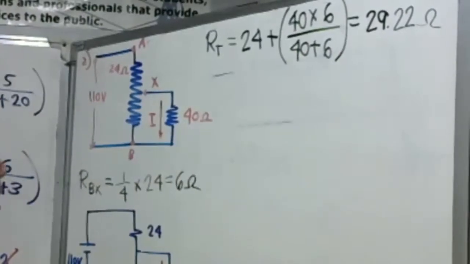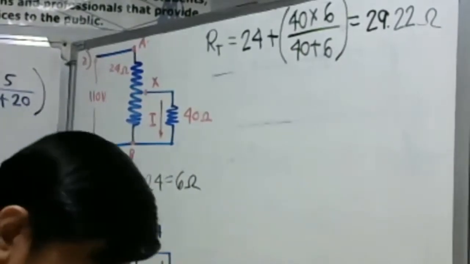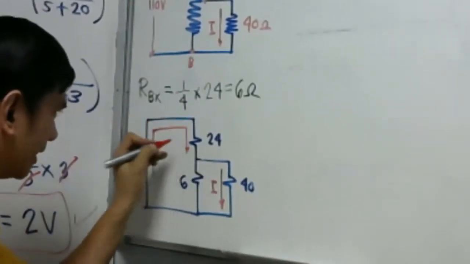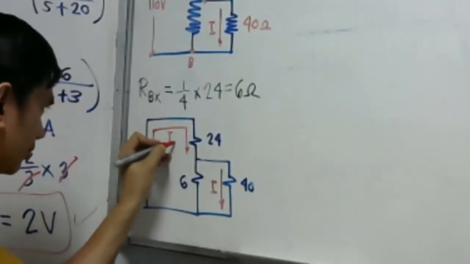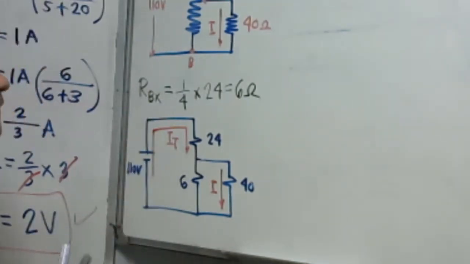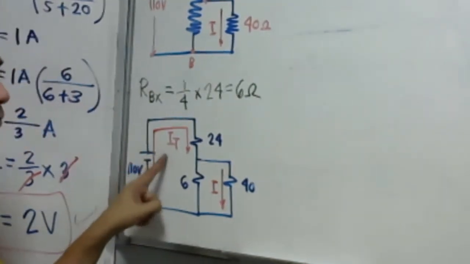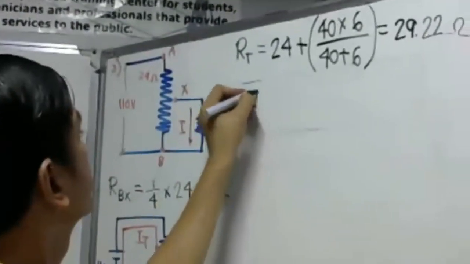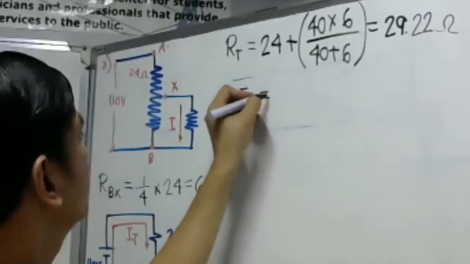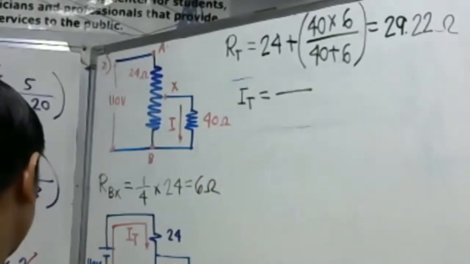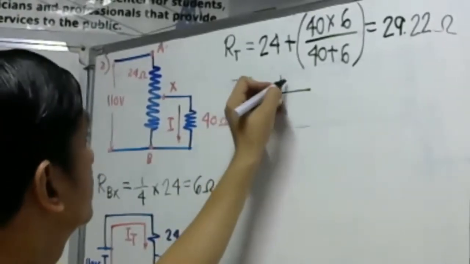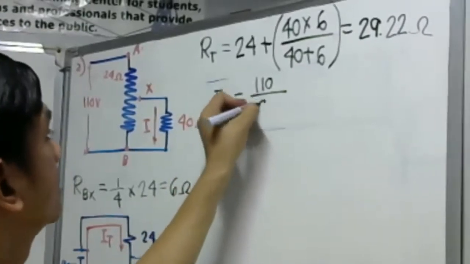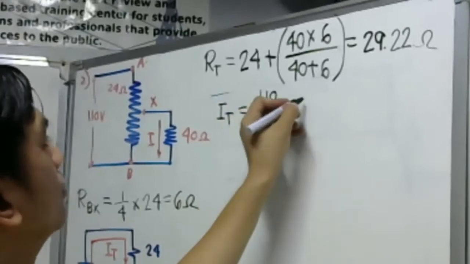Then we can get now our total current. That is always the current that will be supplied by the source, directly coming from the source. So the total current is simply equal to the total voltage, 110 volts, over total resistance, 29.22.